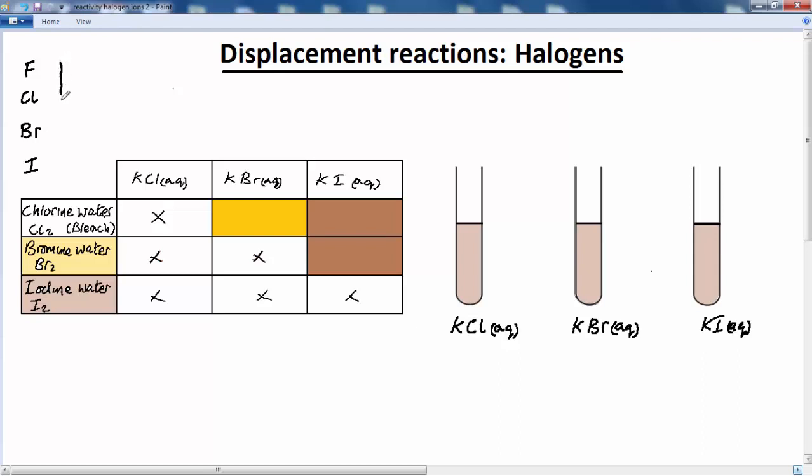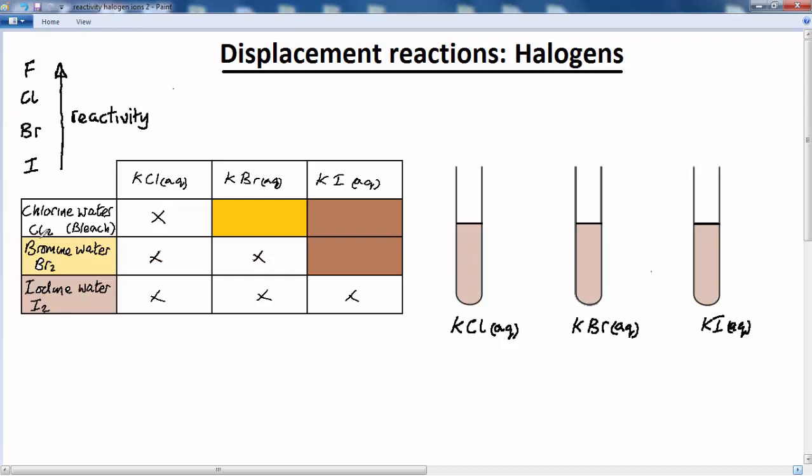So the reactivity increases as we move up the group, and a halogen is displaced from its salt solution only by a more reactive halogen. So chlorine water will displace bromide ions and iodide ions from their solution, but it cannot displace, for example, fluoride ions from its solution.